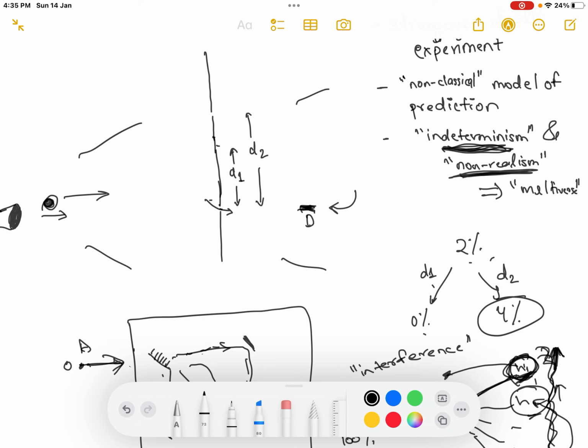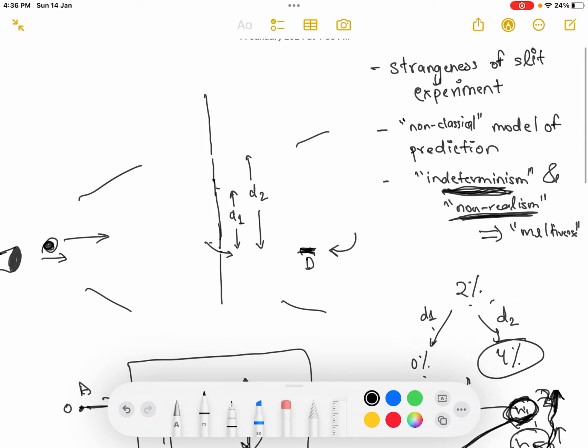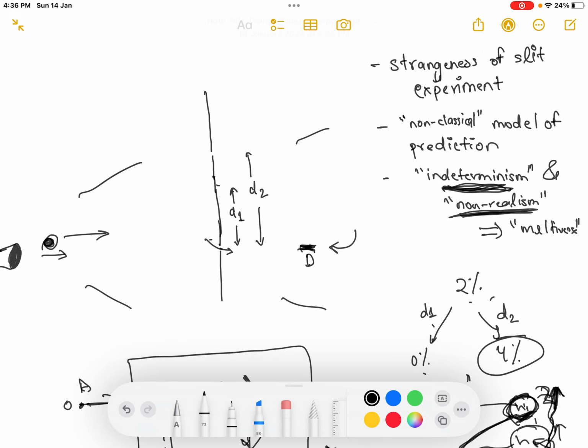However, as I said, the whole description of the multiverse and all its different elements need a lot more discussion, but I think this gives a good enough picture of why that might be true, and hopefully explains why the slit experiment was so strange, how it breaks down the classical picture and wants us to invent the non-classical or quantum model in explaining reality.